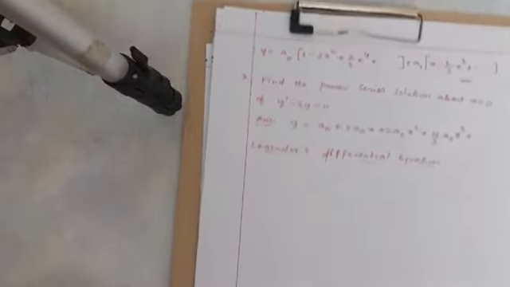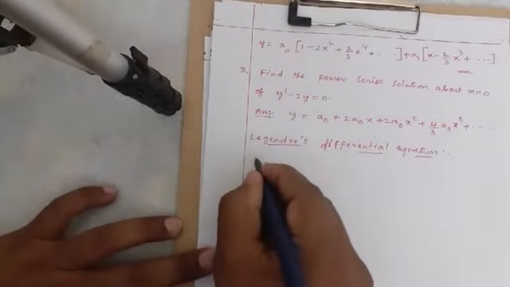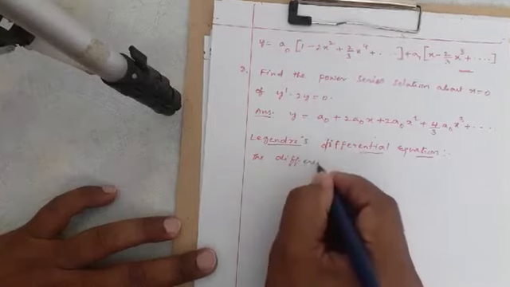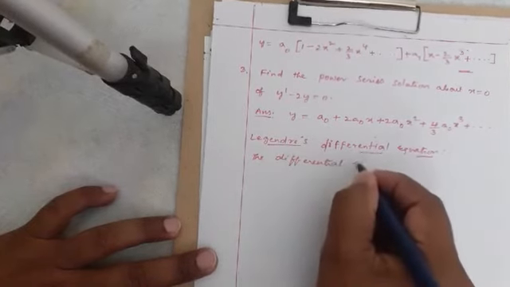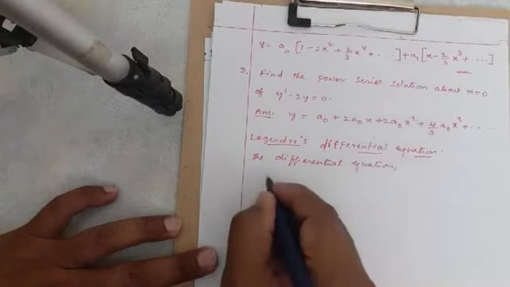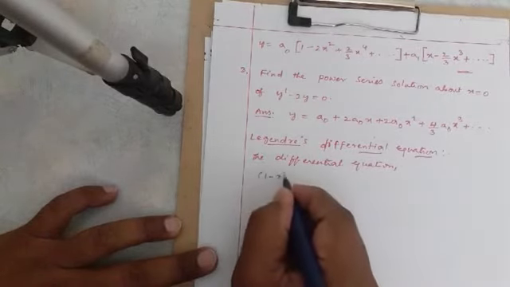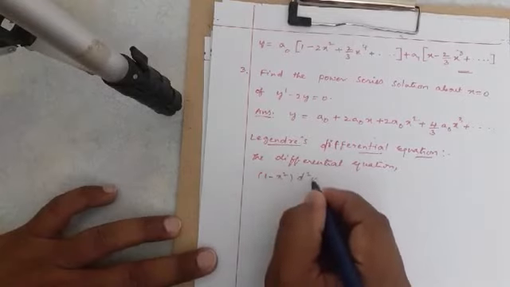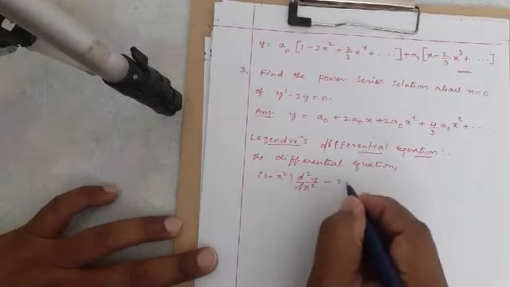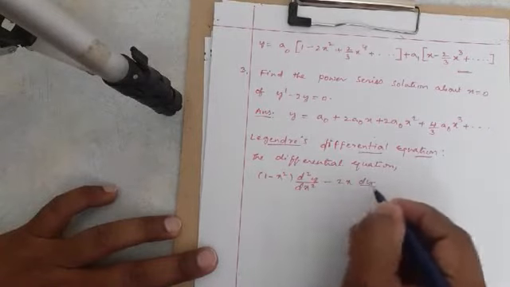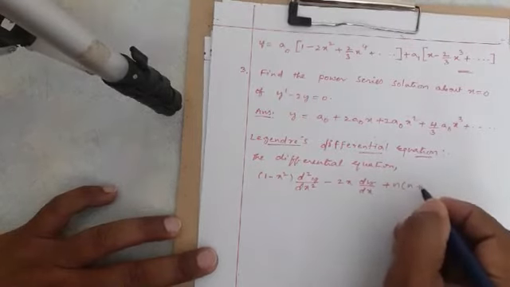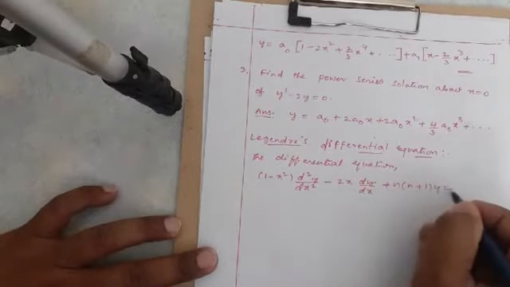So what is Legendre's differential equation? Let us write here. The differential equation: 1 minus x square d square y by dx square minus 2x dy by dx plus n of n plus 1 of y is equal to 0.